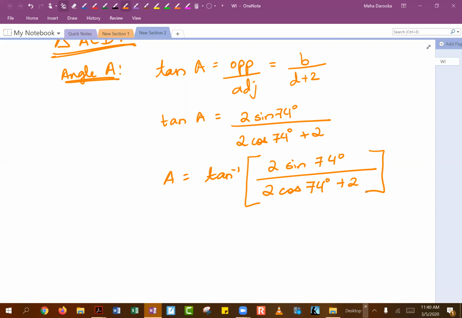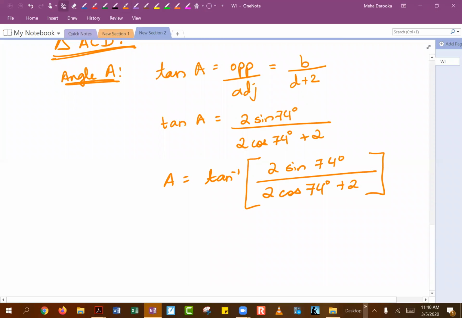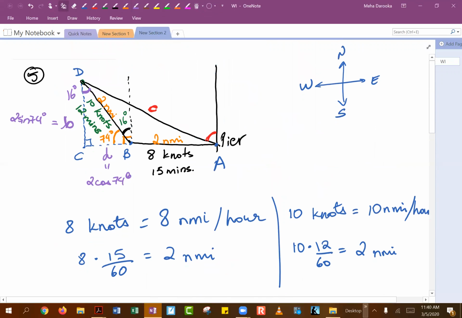Okay, we're trying to find angle A, which is that smaller angle. Let me get back to our image here. We're trying to find this little angle right now. I have this entire side. We know this little D here is 2 times cosine 74, and we calculated the distance from A to B as 2 nautical miles.